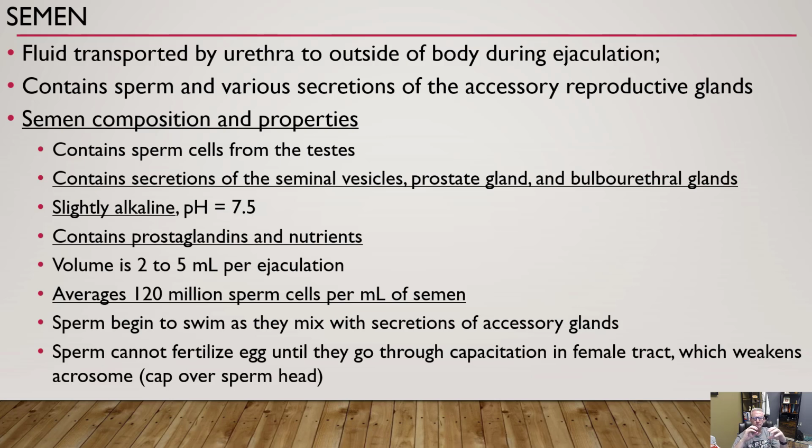But the sperm has this little cap over the head of the sperm. The sperm's going to swim through the vaginal canal until it gets to the egg. And there's a simple statement here that says, sperm cannot fertilize the egg until it goes through capacitation in the female tract, which weakens the acrosome. So the acrosome is this little cap that's over the head of the sperm.